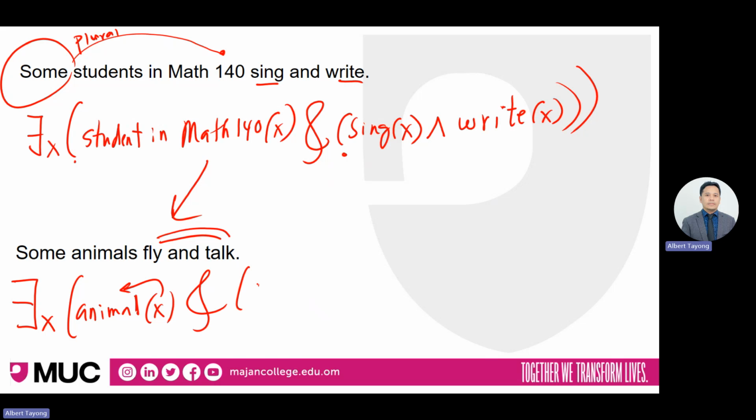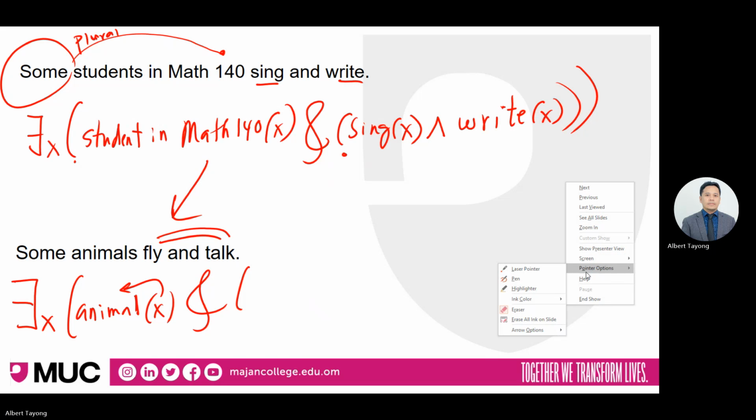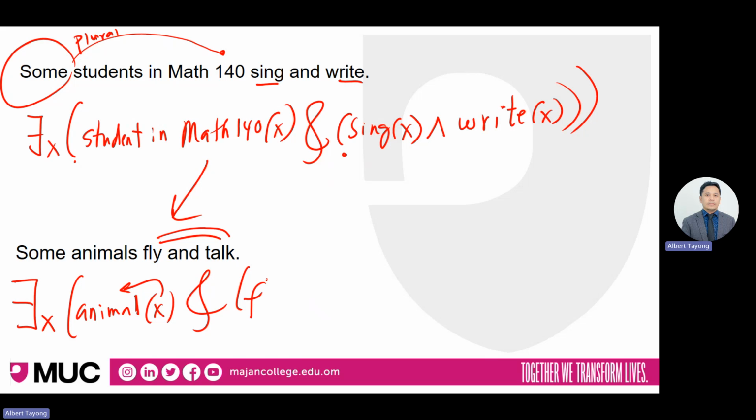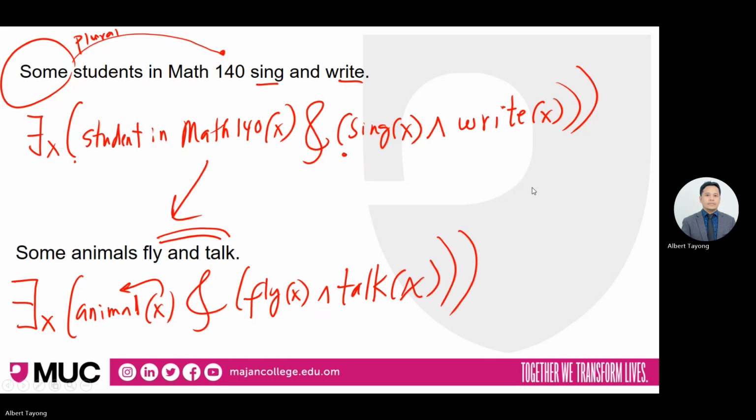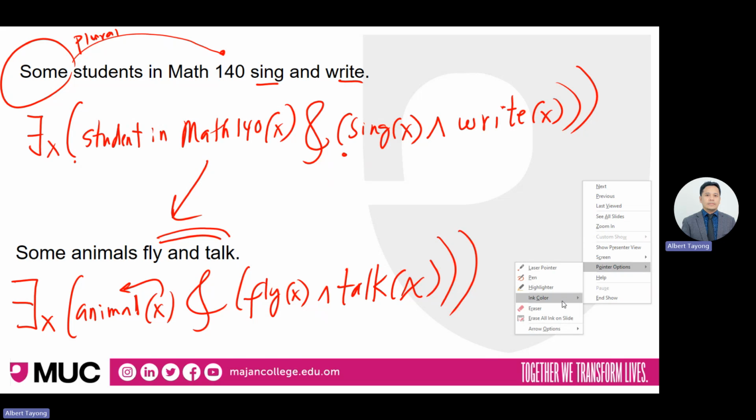And that animal, what does it do? Fly and talk. So fly, open and close X, and talk, open and close X, close, close. Okay, so that's the answer.